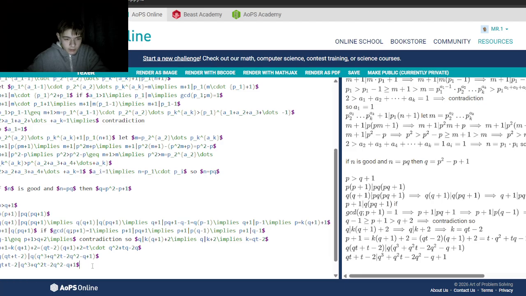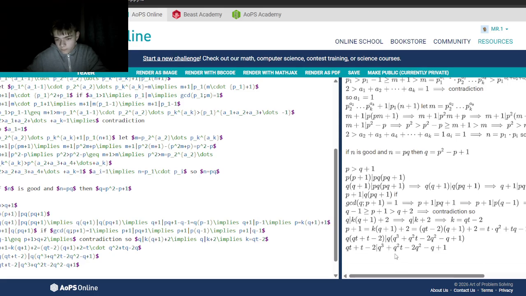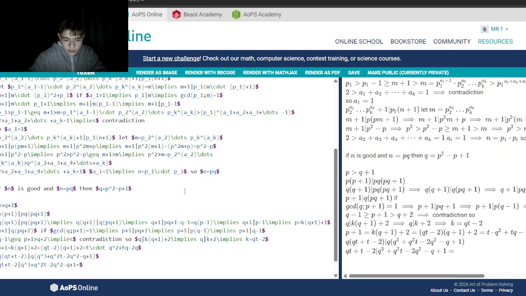Okay, and now what we have to see is that, okay, we have to notice that this equation is actually... wait, are we missing t here?